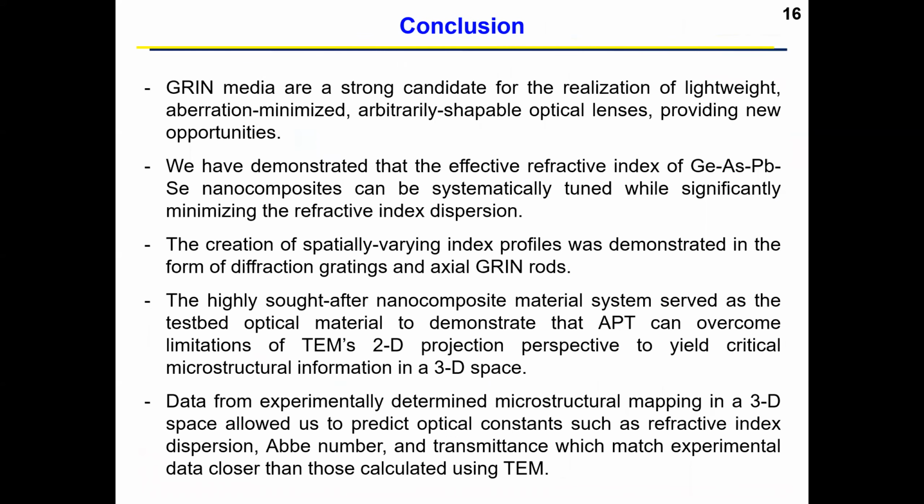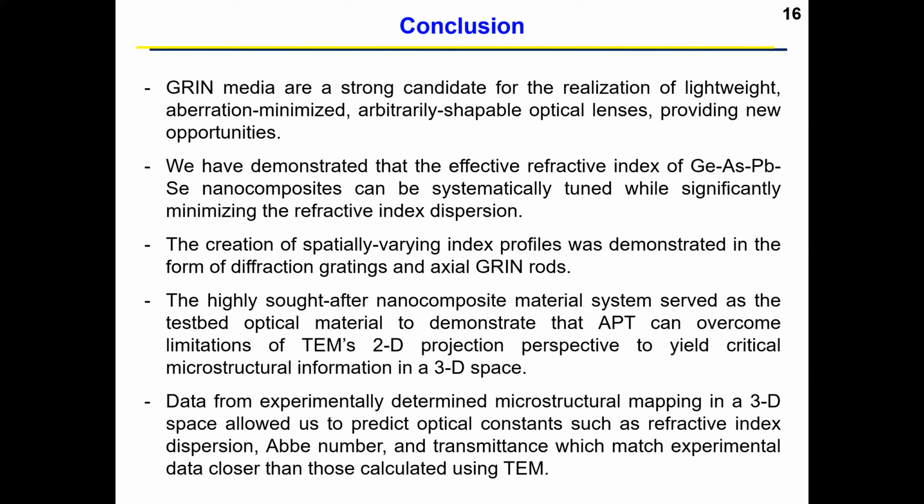Okay, so the key takeaway of my talk is that our chalcogenide nanocomposite based upon germanium, arsenic, lead, and selenium has been proven to be a great candidate for the introduction of GRIN profiles using a thermal process, and index change can be systematically and spatially tuned.